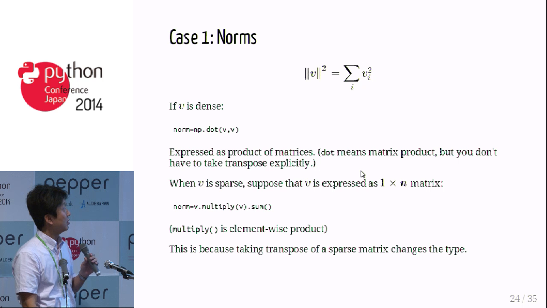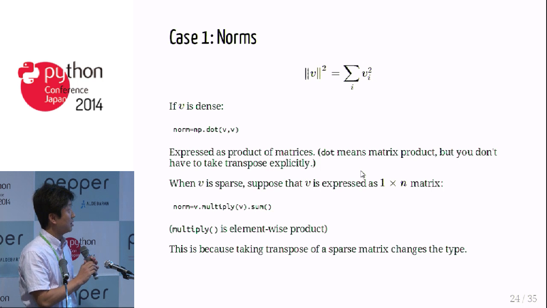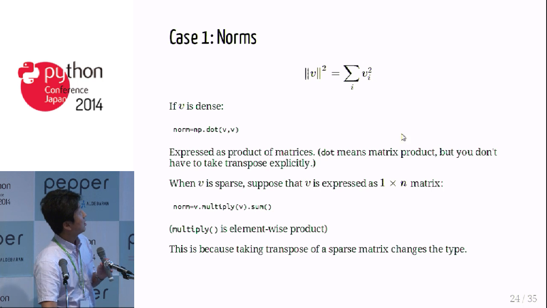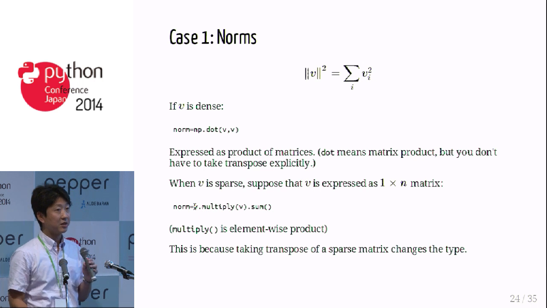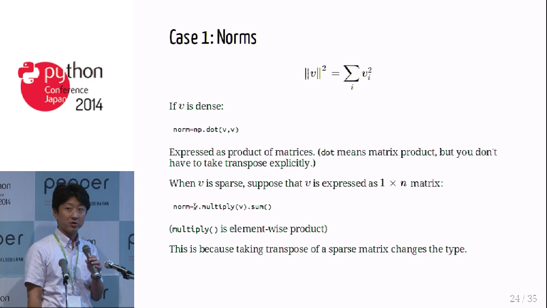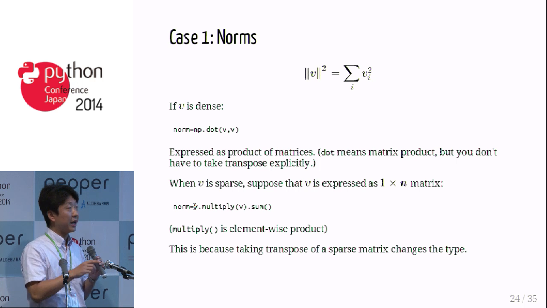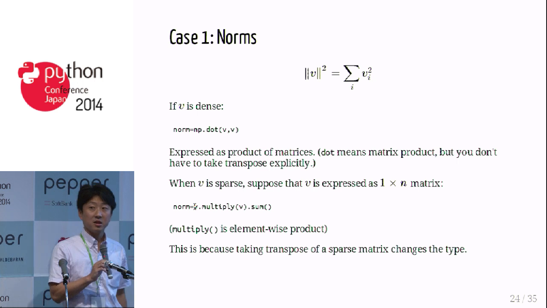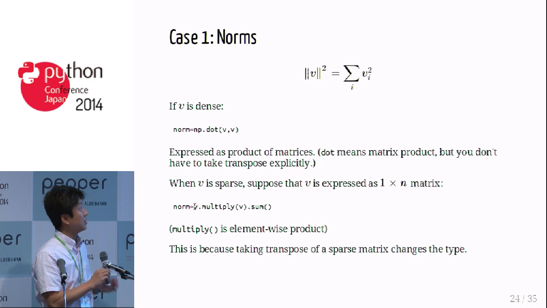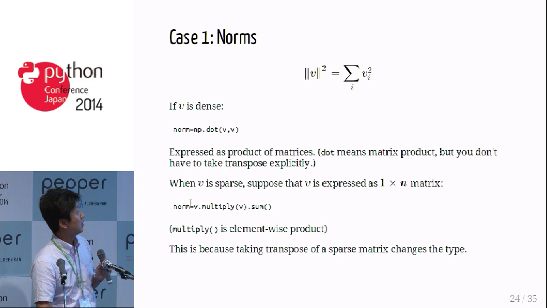Second one is about sparse matrix. I would say v is sparse vector, but there's no sparse vector type in Python, so it is expressed as 1 by n sparse matrix. In that case, this is good code.